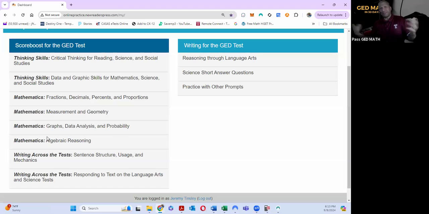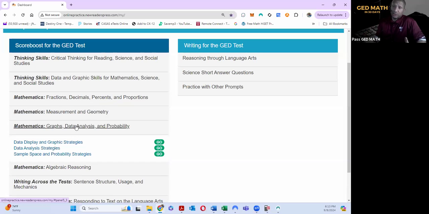Now, I'm not saying you still can't use my site, of course, but this is one of the sites that I do like. One of the reasons why I don't like it is because it's not a secure site, but you don't have to put any credit card information or any pertinent information into the site. So that's why a lot of people don't use it.